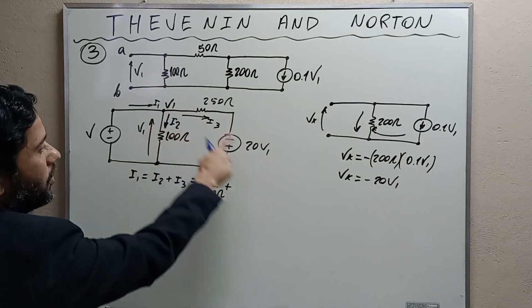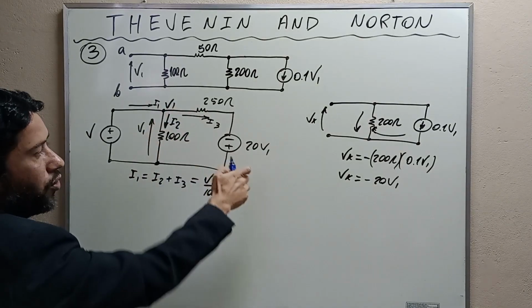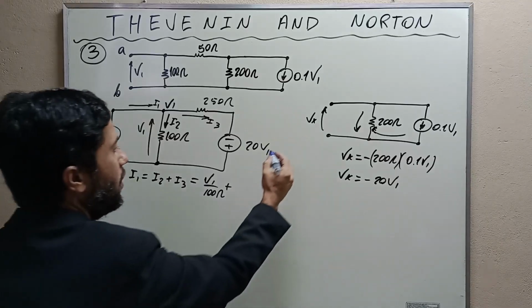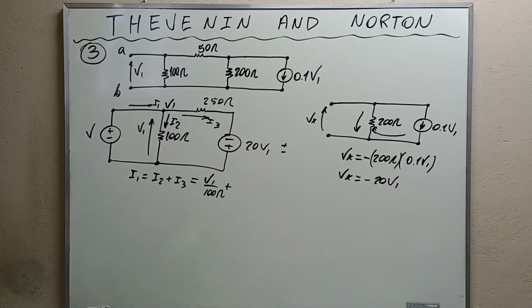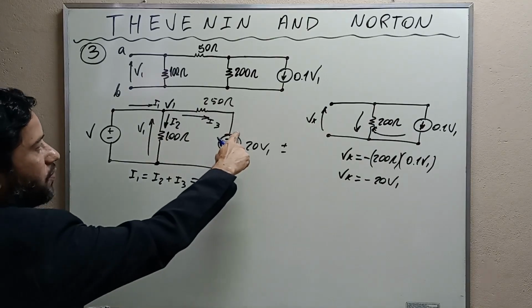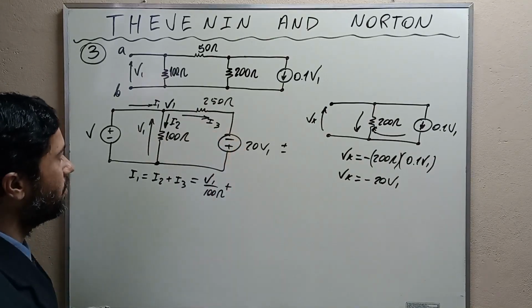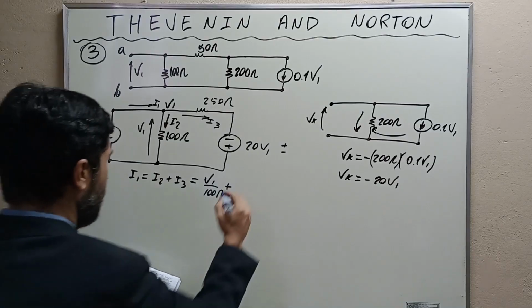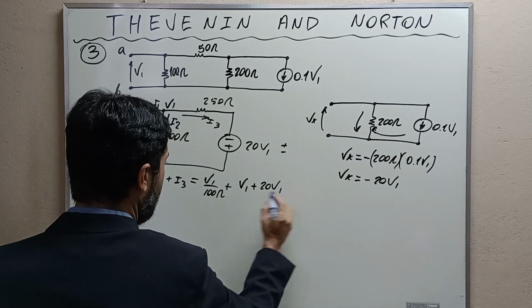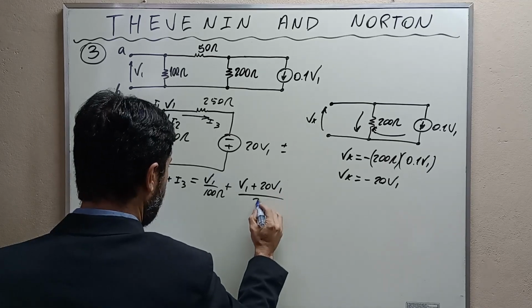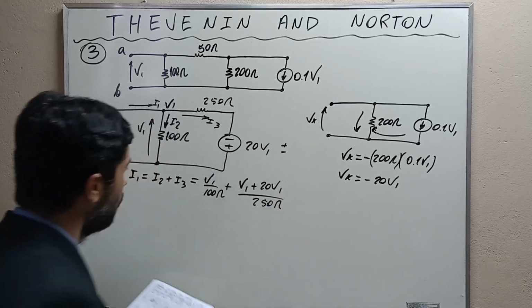This voltage here is additive with this voltage. If the polarity was this plus minus here, they would be subtractive, but as the negative sign is here, they are additive, then it is V1 plus 20 V1 divided by 250 ohms, okay?